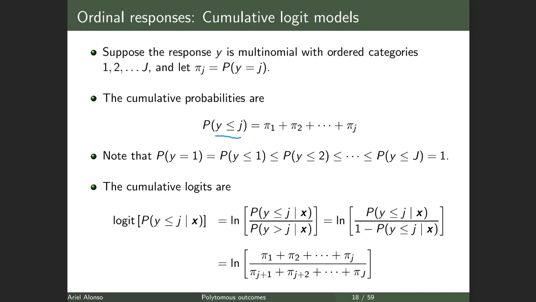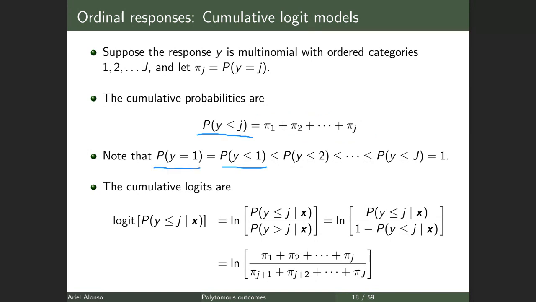So the probability that the outcome will be smaller than or equal to j is basically the sum of these probabilities: the probability that y will be 1, plus the probability that y will be equal to 2, and so forth until the probability that y will be equal to j. Now, note that the probability that y is smaller than or equal to 1 is exactly the probability that y is equal to 1, because 1 is the first category.